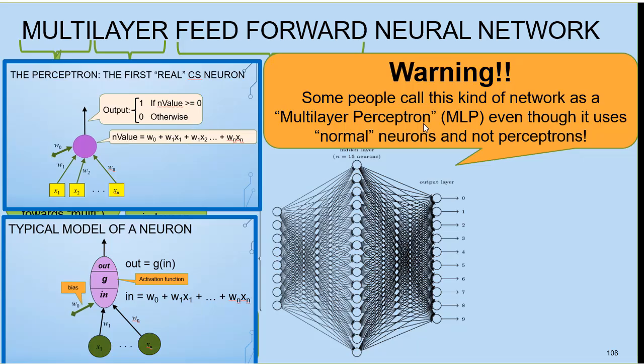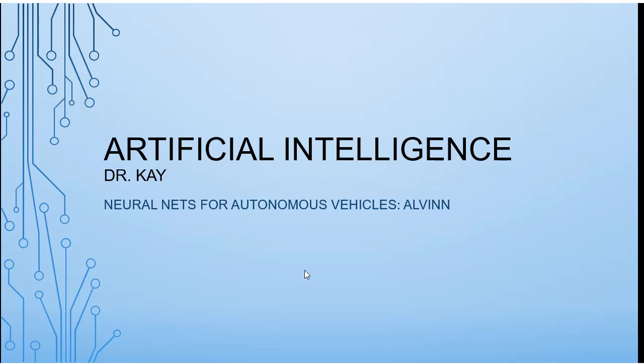Okay, so let's talk about one particular application of neural networks, which is one of the earliest autonomous vehicles, ALVINN. ALVINN stood for Autonomous Land Vehicle in a Neural Network.